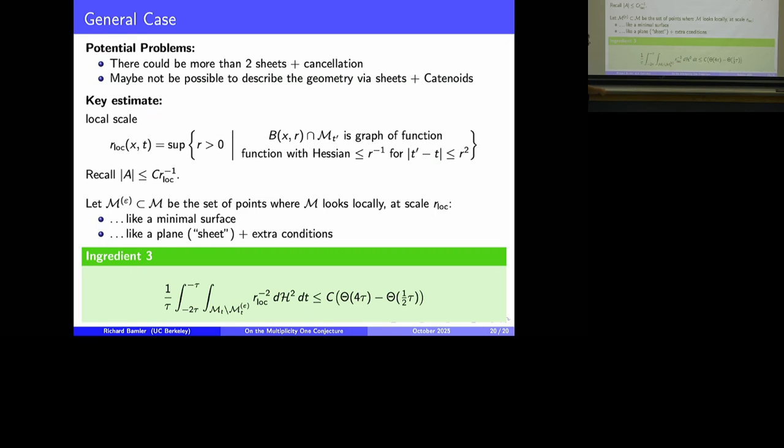But now the ingredient is this estimate down here: if I take essentially the integral of r log to the minus 2 over the complement of this set, then I have a very good a priori bound. This is bounded in terms of the distance of the two Gaussian areas, so this is a summable quantity.